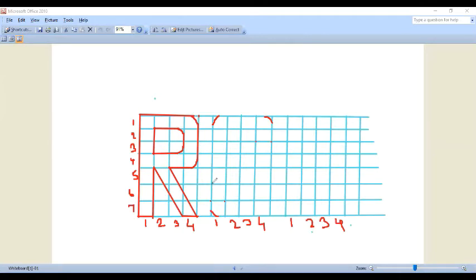This one. So there will be another curve. Then here also another curve. Here also another curve. This one. Then this one. Similarly, this one and this one.